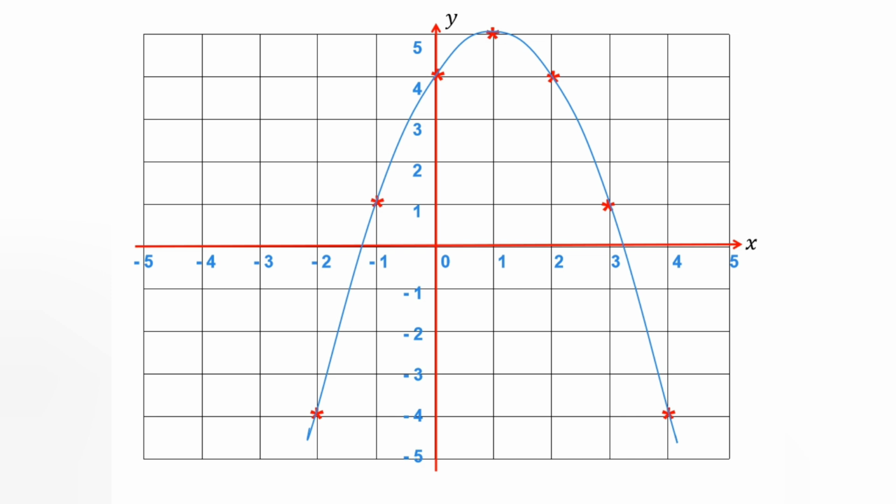So how do you find the equation of the axis of symmetry? It is just a matter of looking at the value on the x-axis where the line of symmetry intersects it.